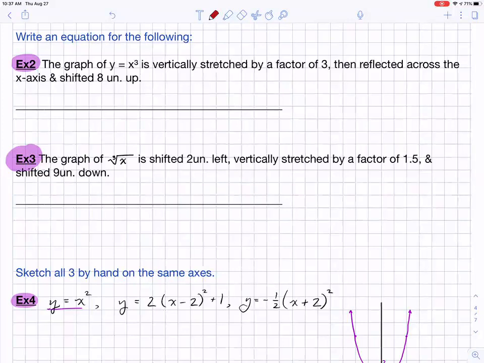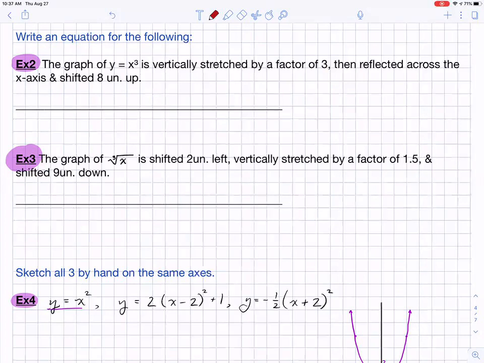Okay, let's keep on. I'm not going to write anything down yet, but let's keep on reading. Then it's reflected across the x. So what do I need to do with that? Okay, that 3 needs to be a negative. And then lastly, shifted 8 units up. All right, where is that going to go? Plus 8 outside the parent. Okay, so let's put it all together.